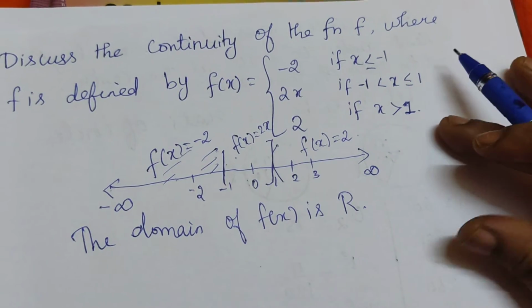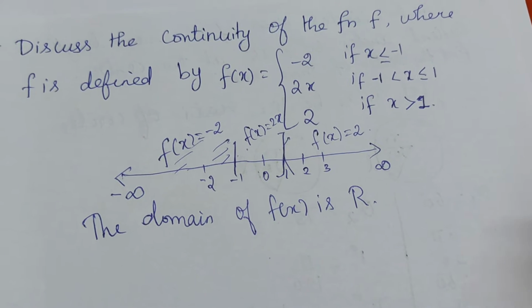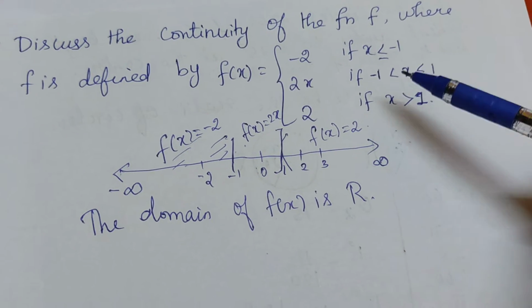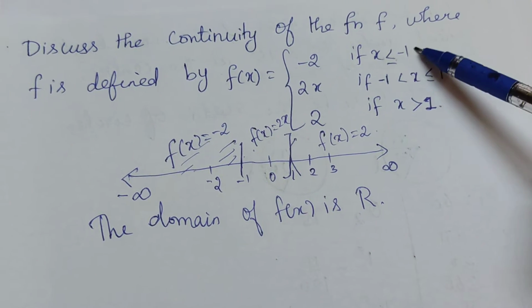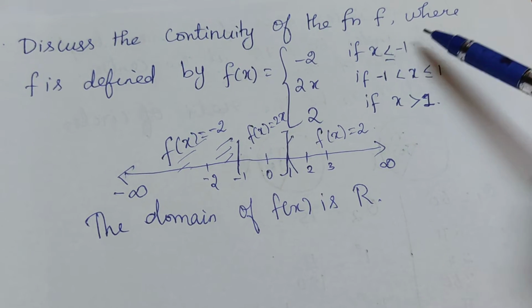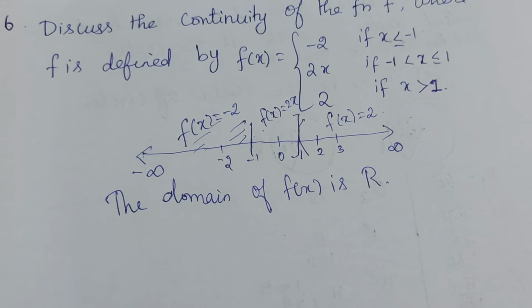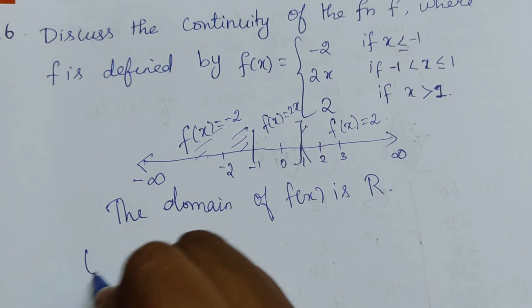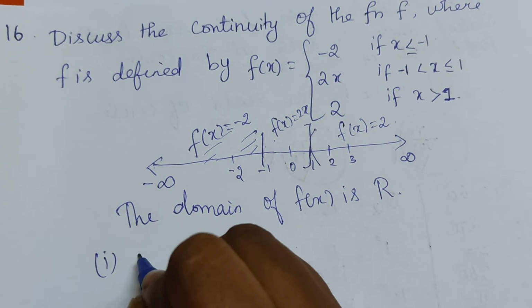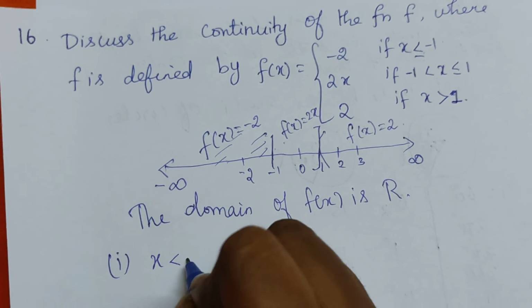Now we will consider the continuity of the function at x less than minus 1. So we will discuss the continuity in different cases. I am taking the first case where the value of x is less than minus 1.